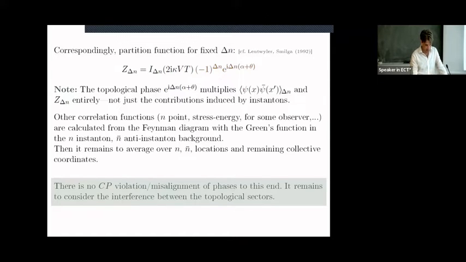And so what we see here is that this factor, if we take averages, would cancel out. Therefore, it's crucial to see whether this cancellation remains even after we interfere the topological sectors.